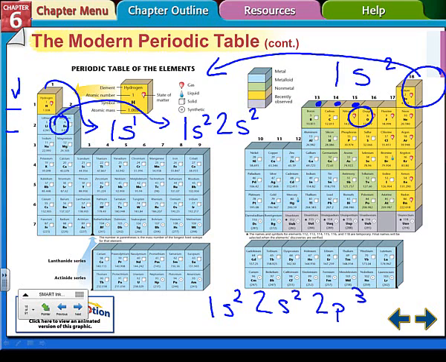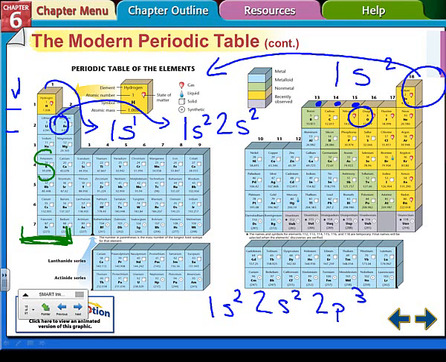So when you look at the periodic table, these first 2 rows, this is your s block. Your s orbital contains 2 electrons, and that is your s block.